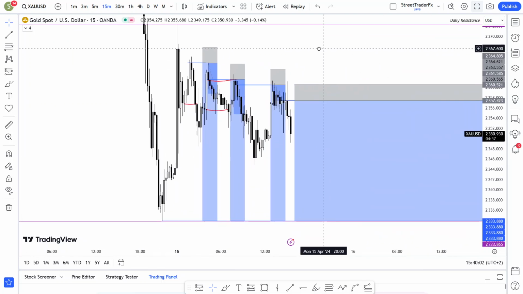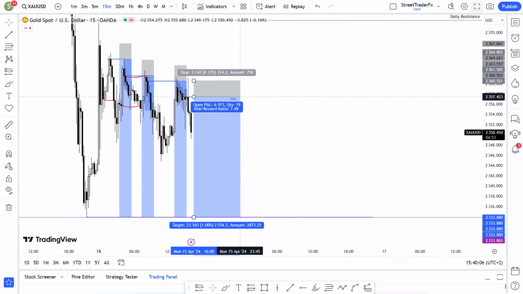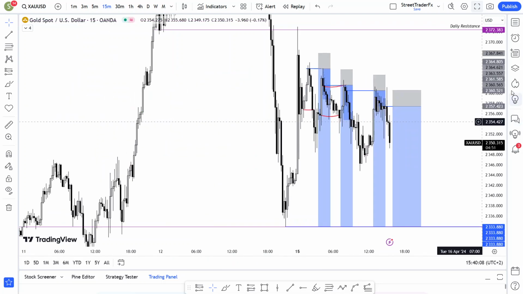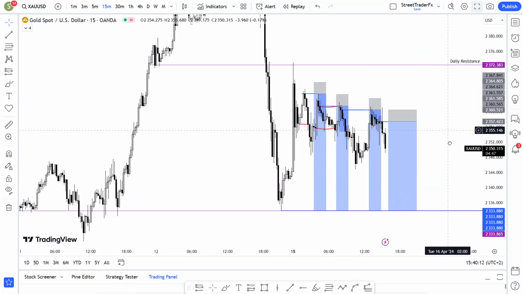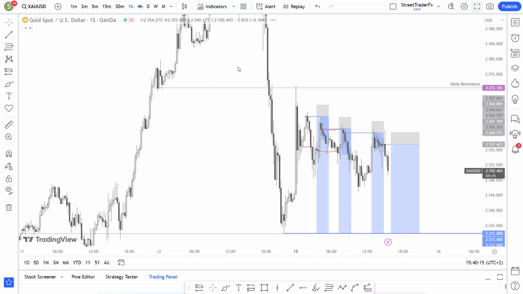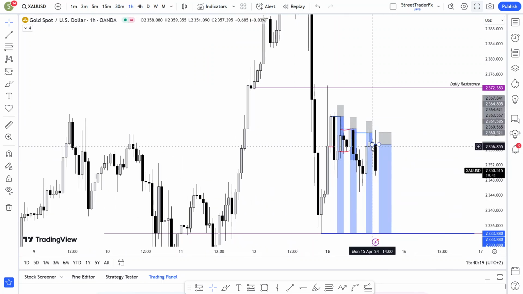So right now I'm seeing the same thing right here. I'm not really sure if it's going to come back or not, but I was waiting for price to close on the 1 hour. If we go back to the 1 hour, you'll see we have this open close right there.